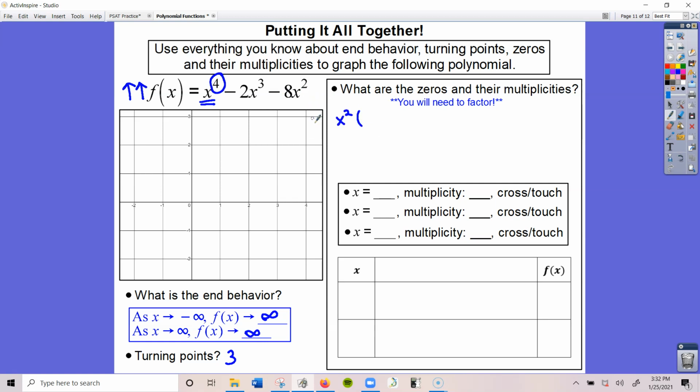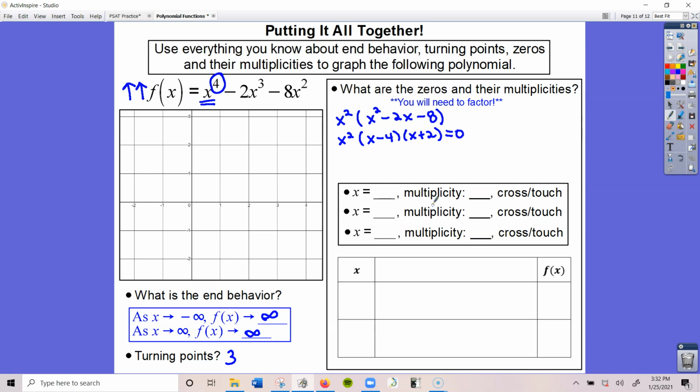So if I factor out an x squared, I would get x squared minus 2x minus 8. And what's inside parentheses here, we can actually factor even more. So we have x squared, and then this could be factored to be x minus 4, x plus 2.